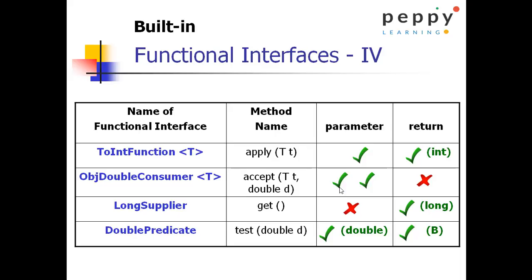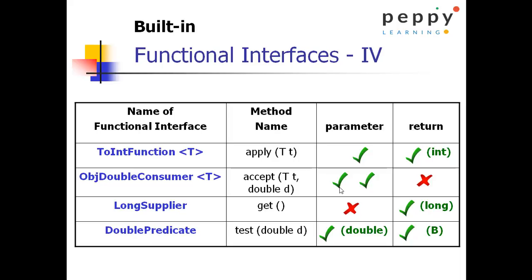Second one, ObjDoubleConsumer. Here you can understand that Consumer consumes the value, doesn't return anything, but it can take two parameters. One is Object, that means any type, and the second parameter should be double. That's why you call it ObjDoubleConsumer.